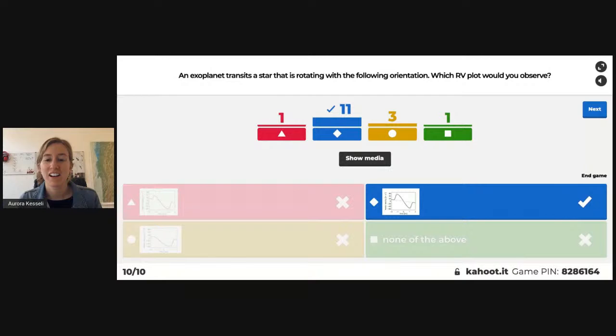Oh, great. Most of you got that. That's great. Because it's an aligned orbit, we see an equal amount of increase as decrease.